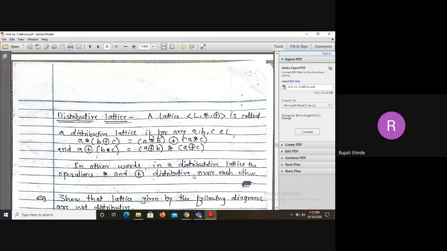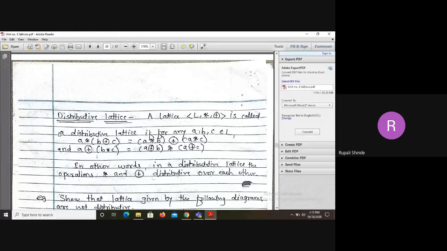A lattice (L, *, XOR) is called a distributive lattice if for any three elements A, B, C belonging to L, A * (B XOR C) is equal to (A * B) XOR (A * C), and A XOR (B * C) is equal to (A XOR B) * (A XOR C).